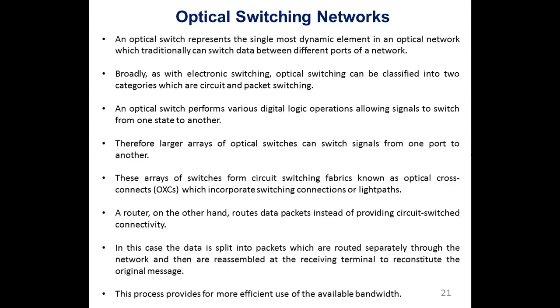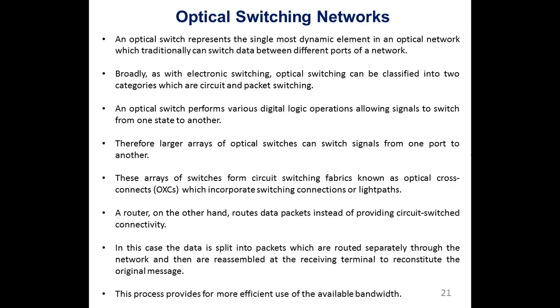So this optical switch will perform digital logic operations, allowing signals to switch from one state to the other. So the larger arrays of optical switches can switch signals from one port to the other. So these arrays of switches form circuit switching fabrics, and these are known as optical cross connects, which we have seen earlier.